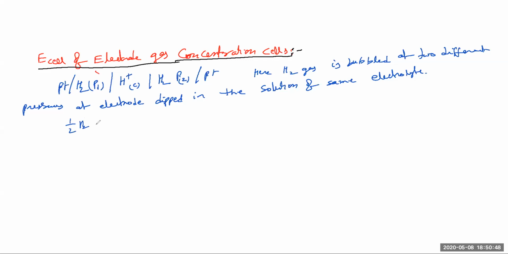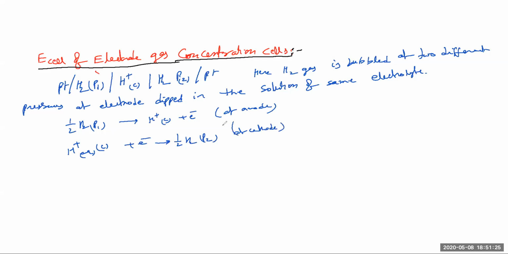Half cell: hydrogen oxidized, this is at anode. So at cathode hydrogen is reduced. Concentration C1. It is P2. Cathode.